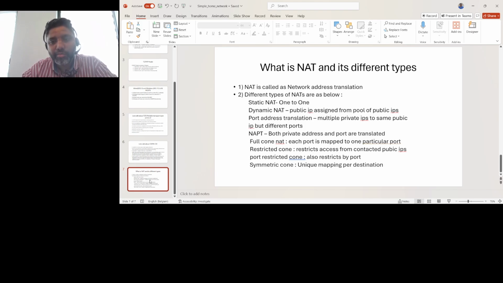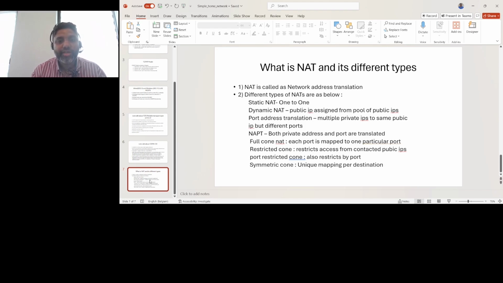The private address will be mapped to one of the public IPs in the pool, so every time it may change, right? That's why it's called dynamic NAT. This is also not scalable, since we have a pool of public IP addresses, we need more than one public IP address on the WAN side, which is not a scalable solution, and IPv4 depletion might be seen here if you adopt it.